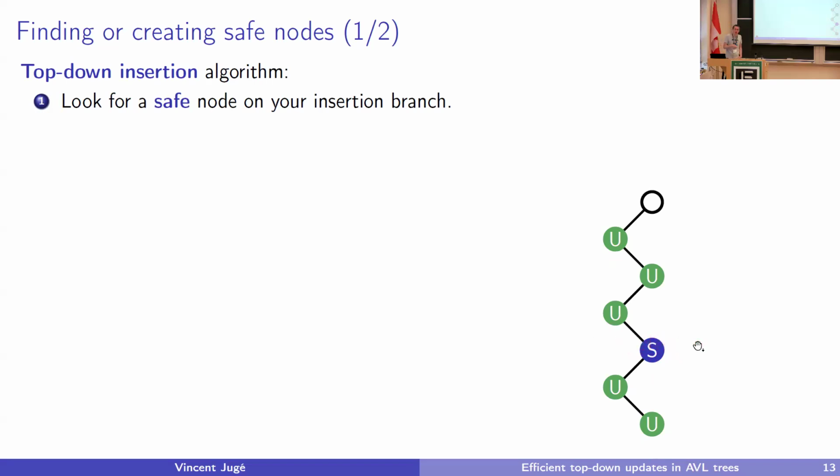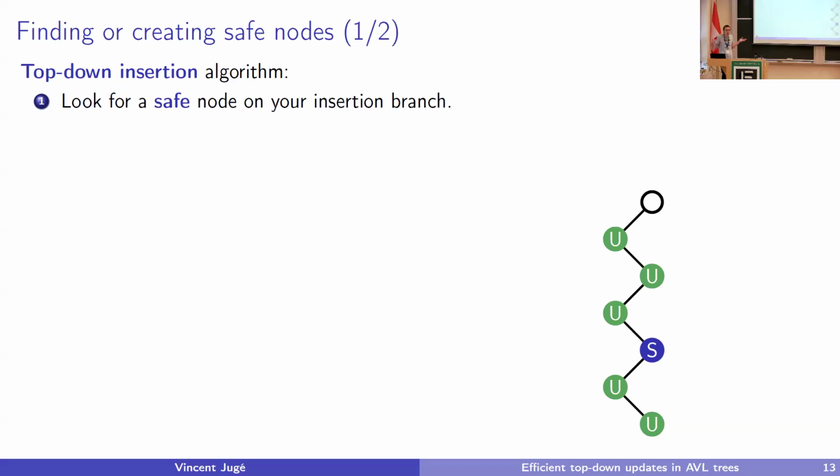So in practice, if I took some random AVL tree, I did not do it, but I would expect that quite a few nodes would be safe, and I would just need to go down my branch, and I would find some low-level safe node, and it would be the final safe node, but it would be so low level that it will be very efficient in practice. I mean, that's what my node suggests should happen on average.